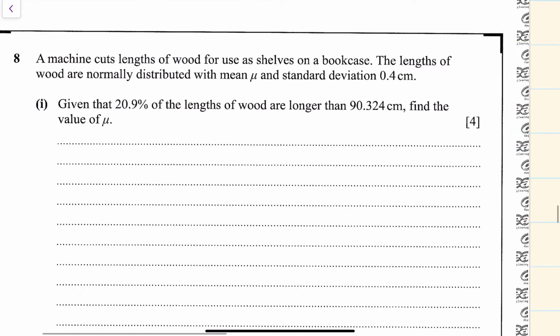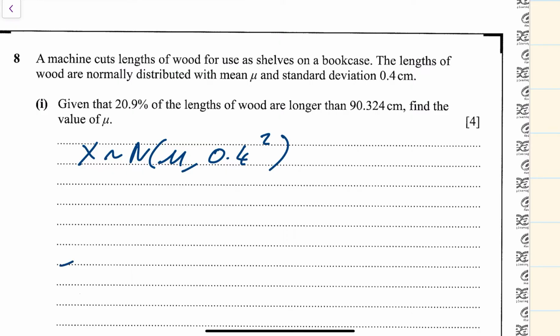Okay, where do we get to? Next one says, a machine cuts lengths of wood for use as shelves on a bookcase. The lengths of wood are normally distributed with a mean mu and a standard deviation of 0.4. So that's how it's set out.